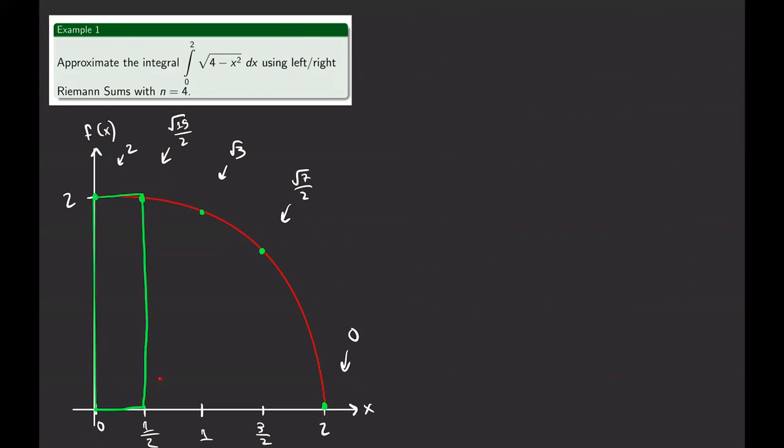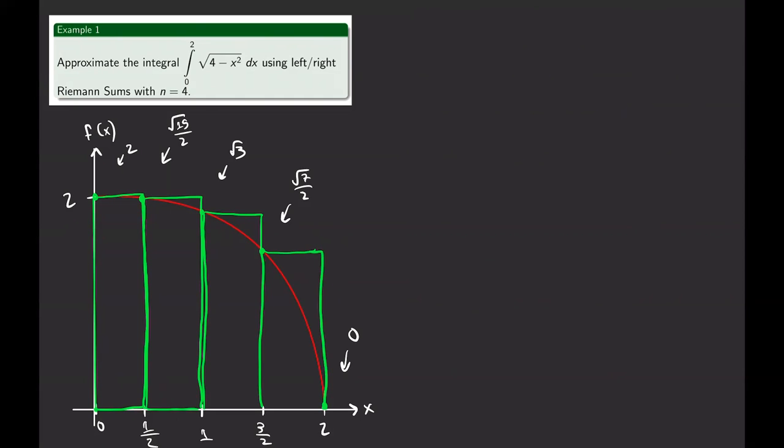Then from starting down in this 1/2 right there, I'm going to go up until I hit the function there. I'm going to go over until I hit the imaginary wall, and then I'm going to come right back down. And then I'm going to do the same thing. I'm going to go up, go over until I hit the wall, go down, and then lastly, I'm going to go up, go over, and then come down. I've got my 4 regions right here.